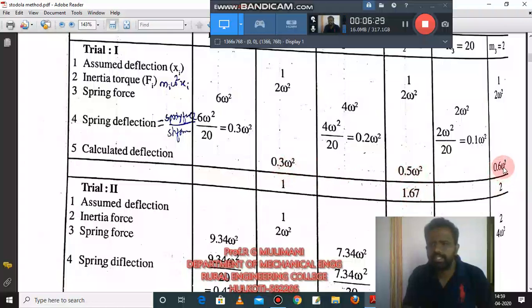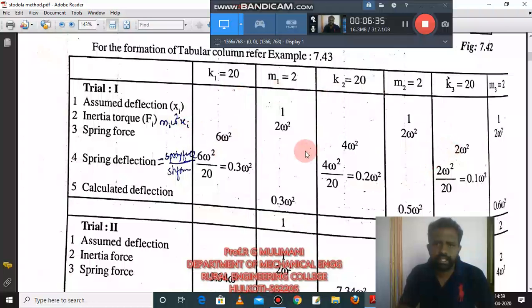Similarly, 0.6 omega square divided by 0.3 omega square is 2. So in this first trial, the deflection values are 1, 1.67, 2. The assumed deflections were 1, 1, 1, but by the calculation the new deflection values are 1, 1.67, 2.